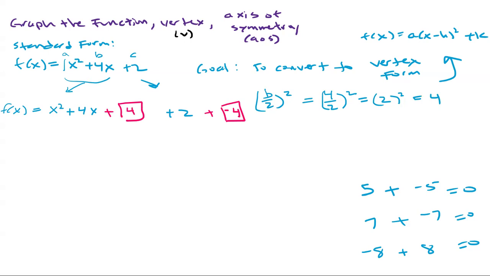Because this step here has to be the same as this step here. They're equal. So if we added and didn't change the negative 4 here, then they're not going to be equal anymore. So we need to be sure that they are equal. And so that's the biggest difference between completing the square, which we originally do, and trying to convert this to vertex form.